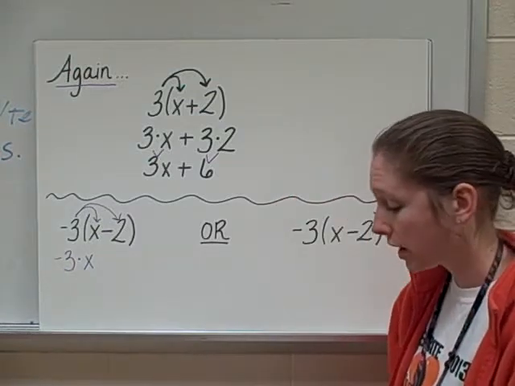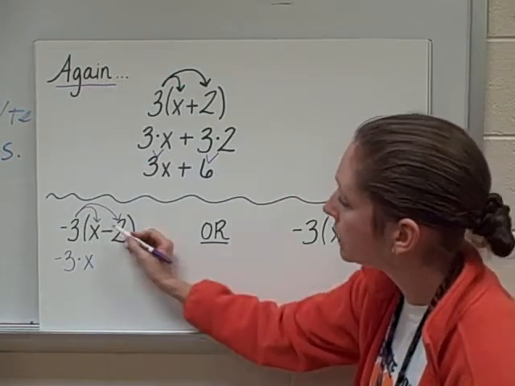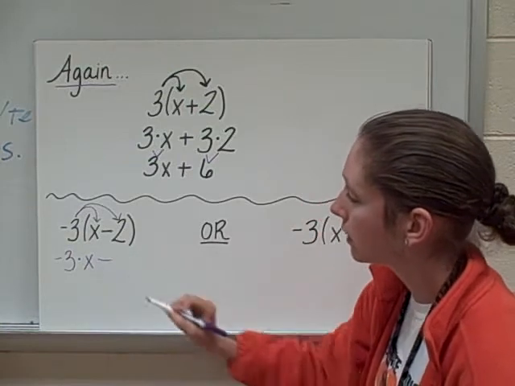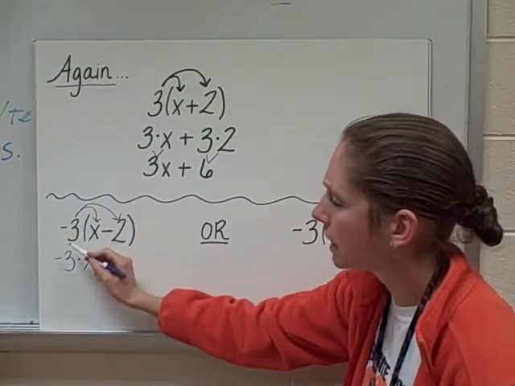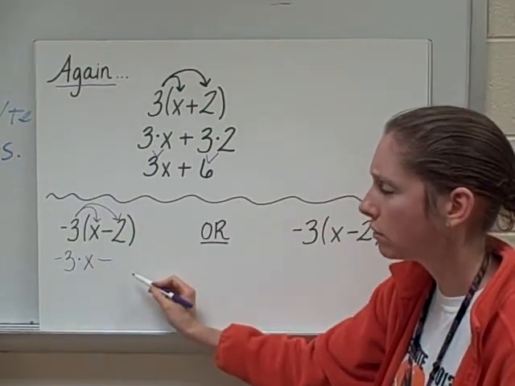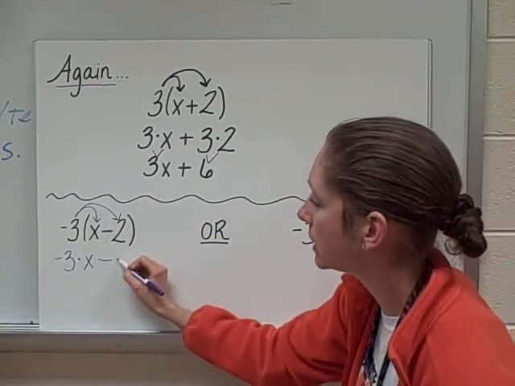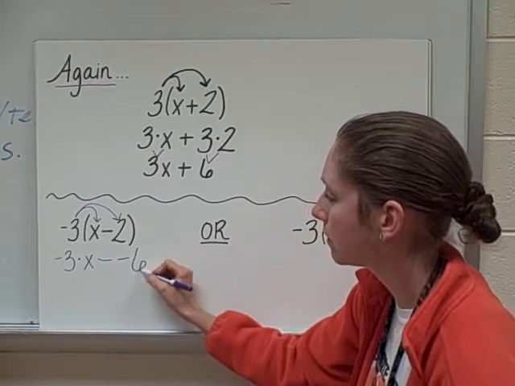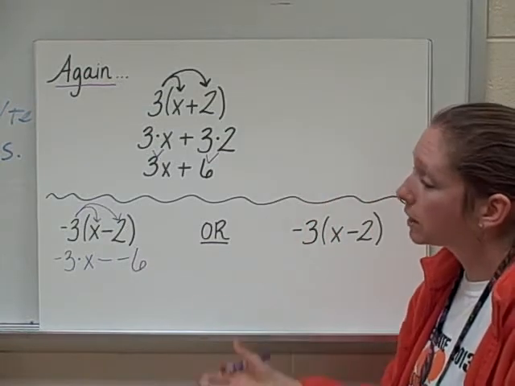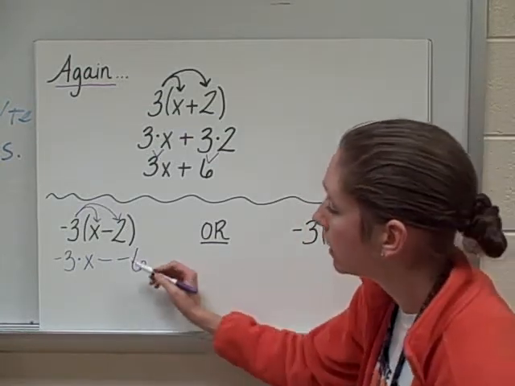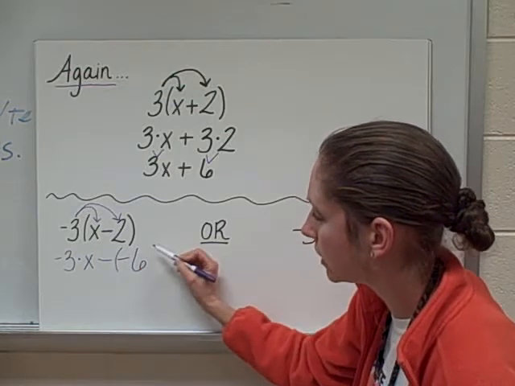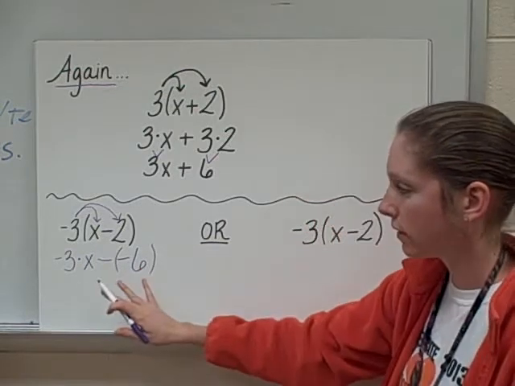So -3 times x. Think about it this way if this helps you. Bring down your minus and think about distributing -3 times 2. Well, I know -3 times 2 is a -6. Now think about simplifying that. Sometimes we see our integers in parentheses to show that it's a negative.